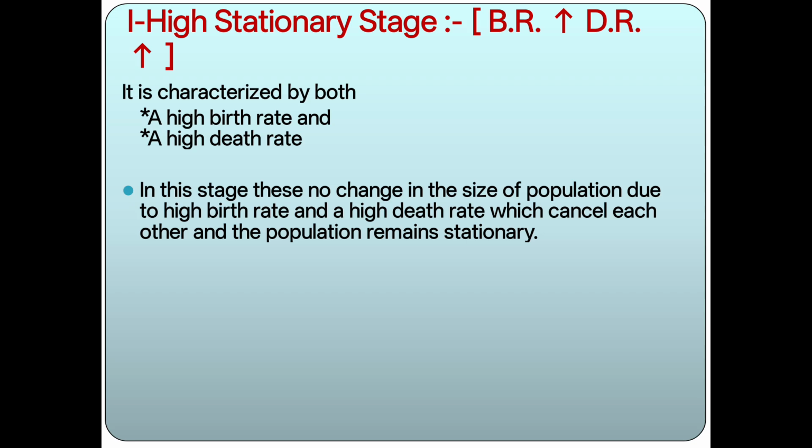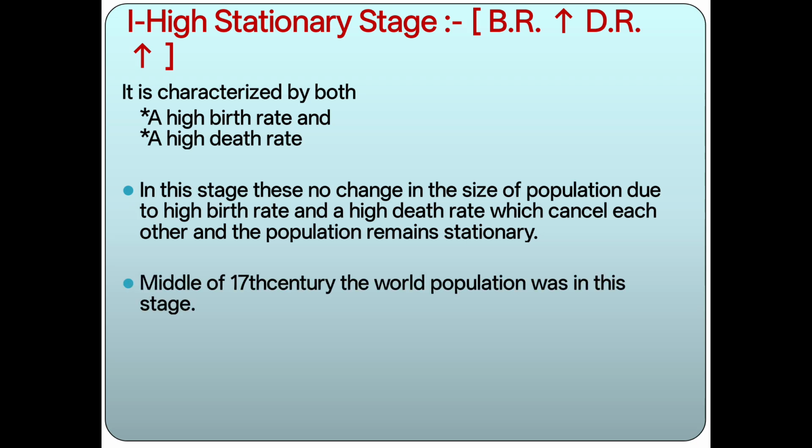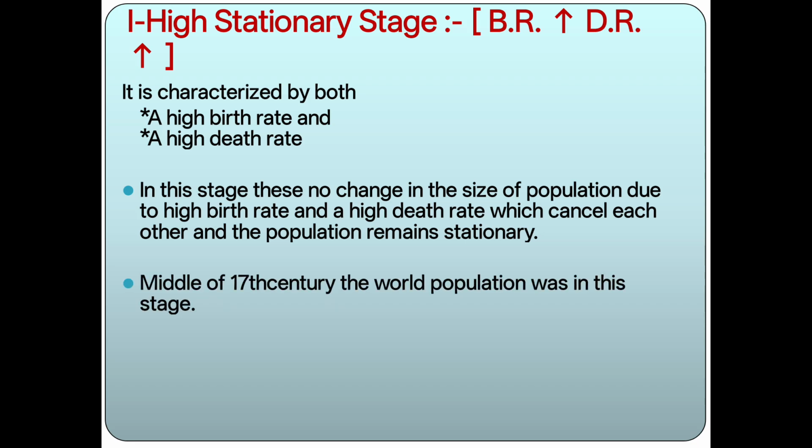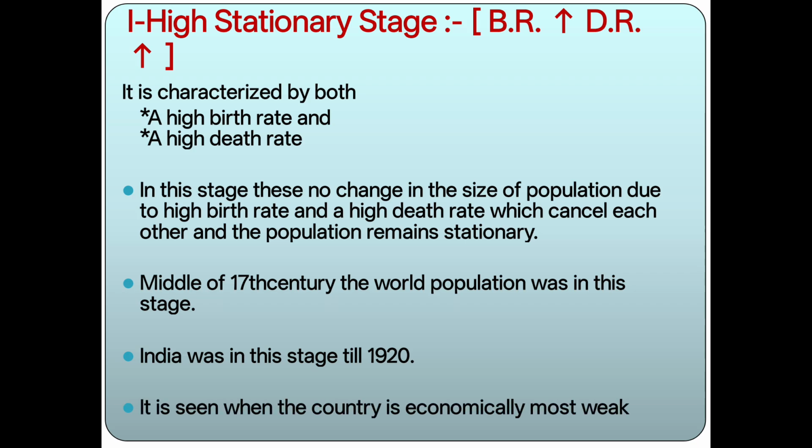It's already understood that birth rate is high and death rate is also high, like +1 -1. In the middle of the 17th century, the world population was in this stage, and India was in this stage till 1920. In this stage, it is seen when the country is economically most weak, because birth rate is high and death rate is also high.